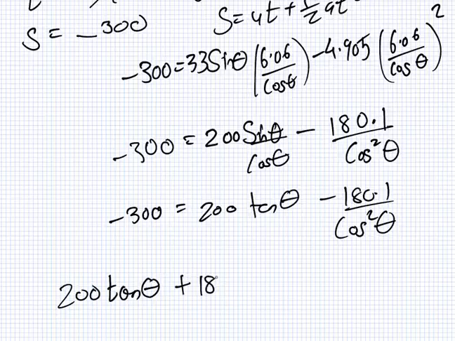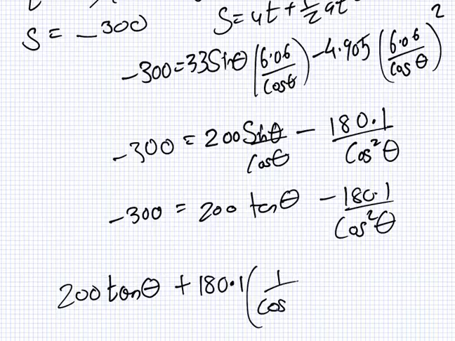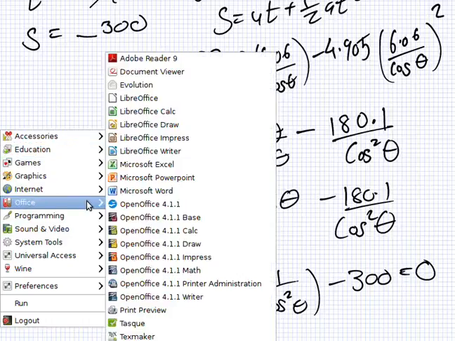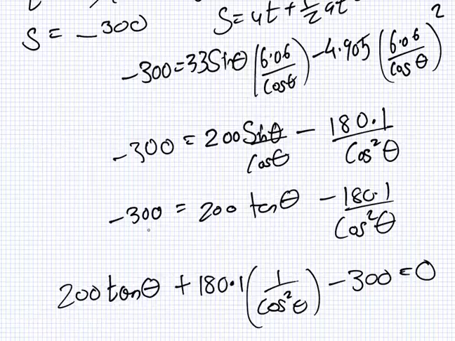So u, v, a, t, s, the u, 33 cos theta, v we don't know, a is 0, t we don't know, s is 200. Oh, I meant to say x.